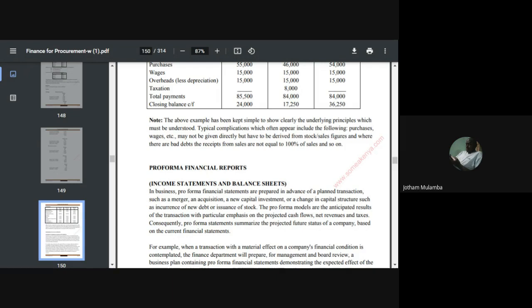We want to go point by point as I clarify, so that once you have read, we start solving. For the cash budget, we need to identify two parameters, because from the definition it entails cash received and cash paid out.